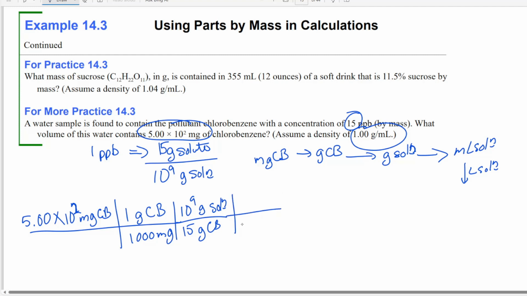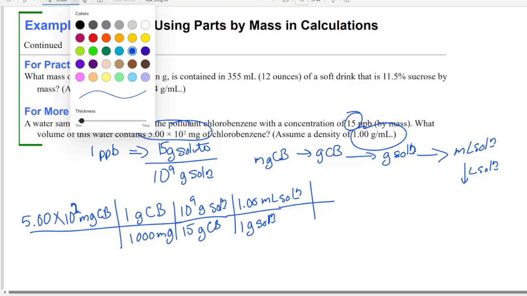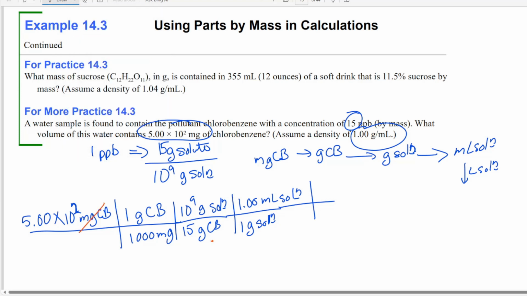Alright, next we know 1 gram of solution is 1 milliliter of solution. Alright, so let's just take stock in what we've done so far. Milligrams cancels, grams cancels. This is grams of chlorobenzene.